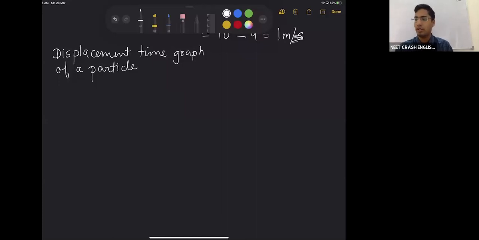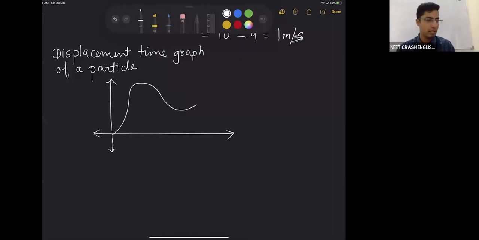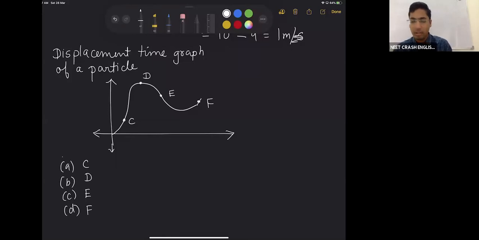It's going to be something like this. So the displacement time graph is like this. Let's say this is C, this is D, this is E, and this is F. Now the question to you is, let me give you the options also first. C, D, E, F.